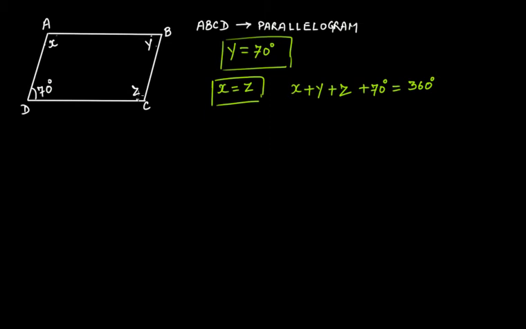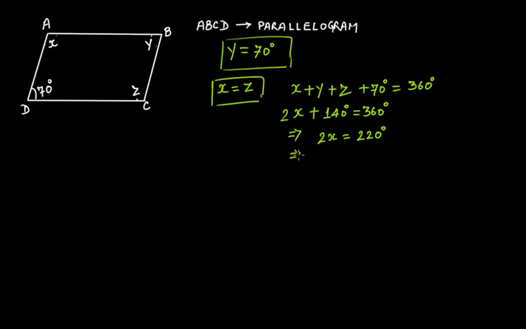Let's assume that we call this Z as again X only, right? We call this Z as X because X is equal to Z. So X plus X means what? 2X plus what's Y? Y is again 70 degrees. So 70 plus 70 is 140 degrees, is equal to 360 degrees. From here you get 2X is equal to 360 degrees minus 140 degrees, which is what? 220 degrees.